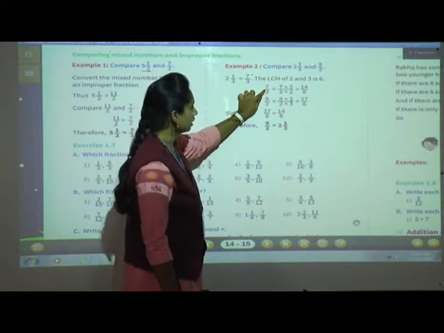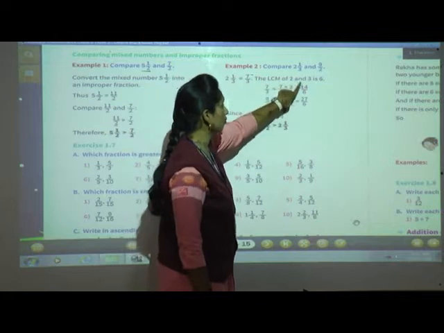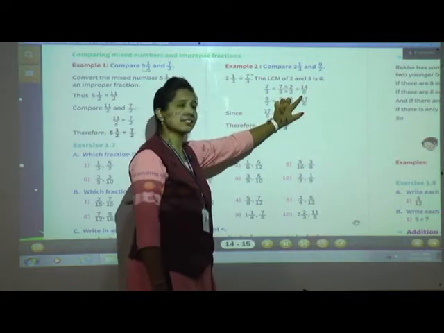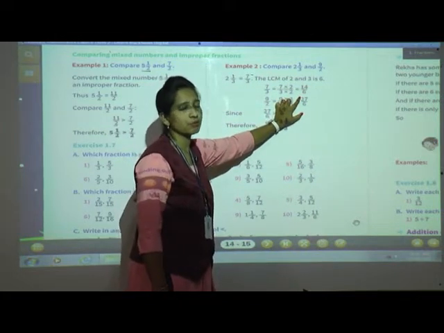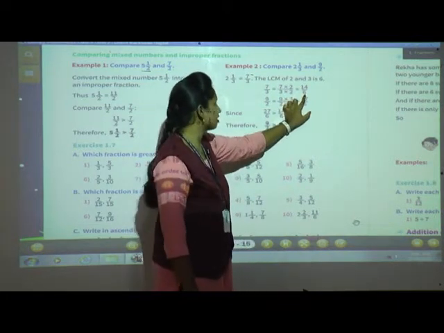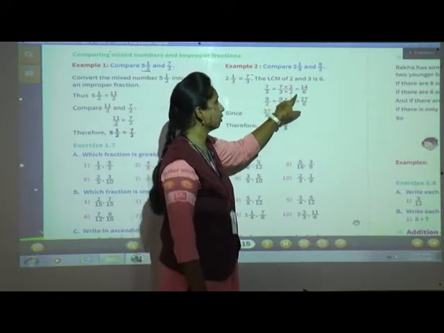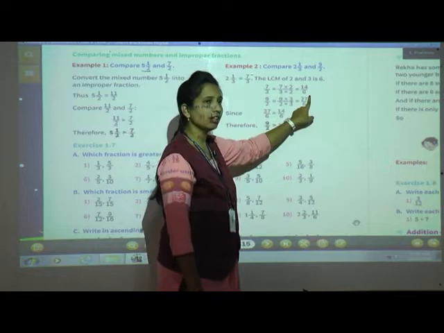So 7 upon 3. The LCM of 2 and 3 is 6. So when we find out the LCM, the LCM should be written in the place of denominator. So here if I write 6, then 7 upon 3, we have to multiply: 3 2s are 6 and 7 2s are 14.